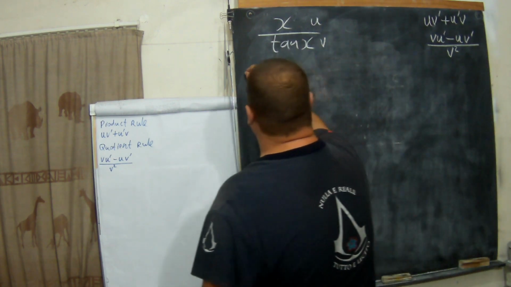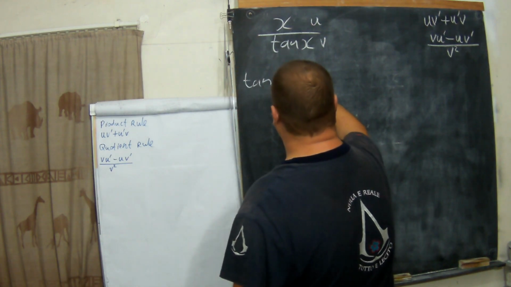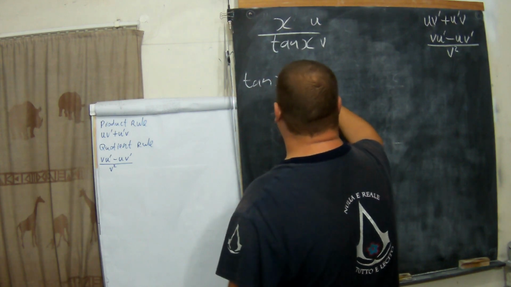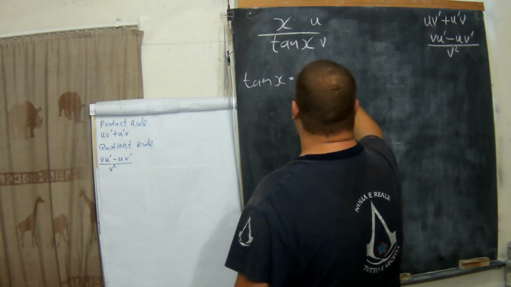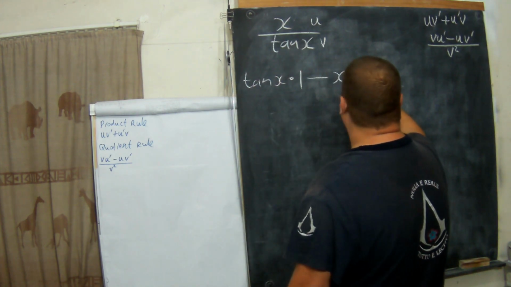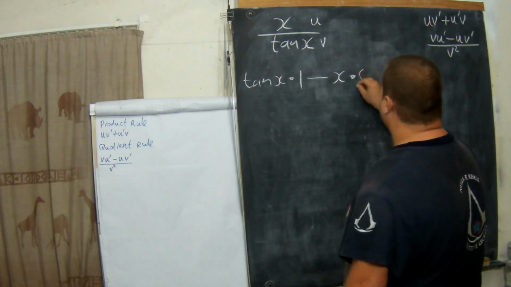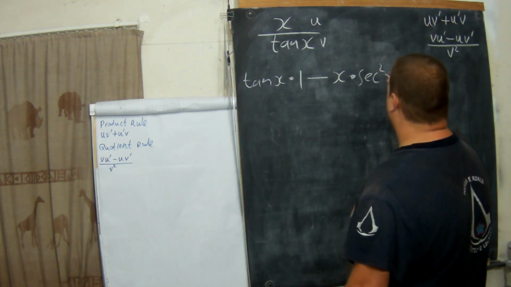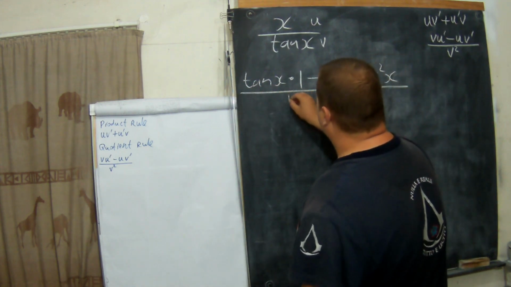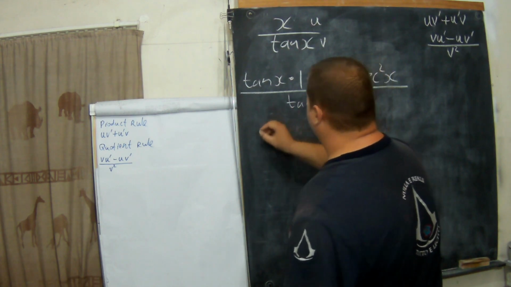Right, so I have tan x multiplied by 1, minus u, which is x, multiplied by sec squared x, all over tan squared x.